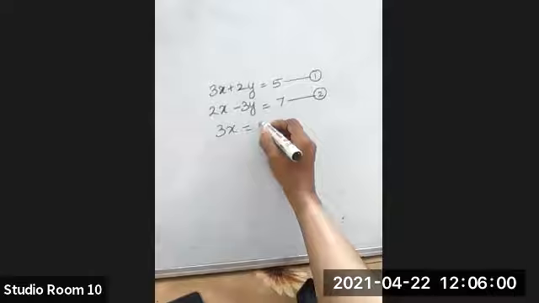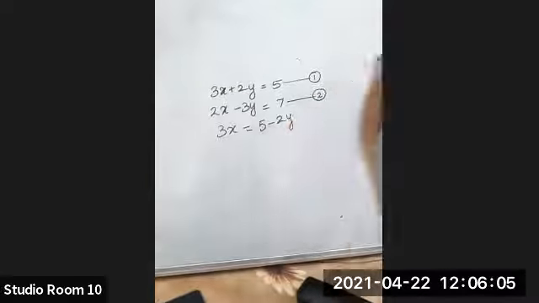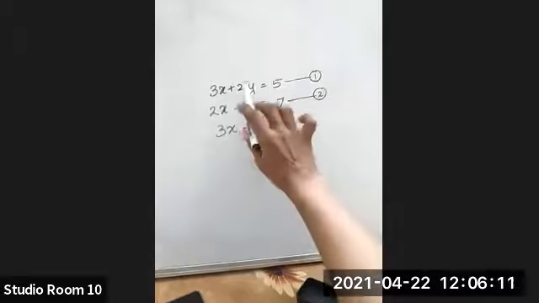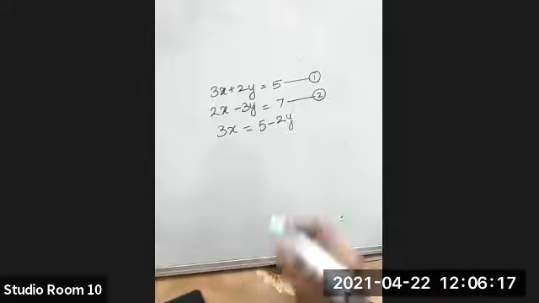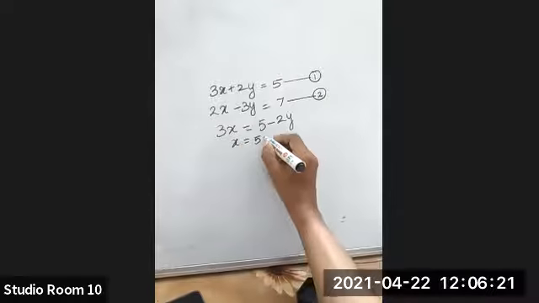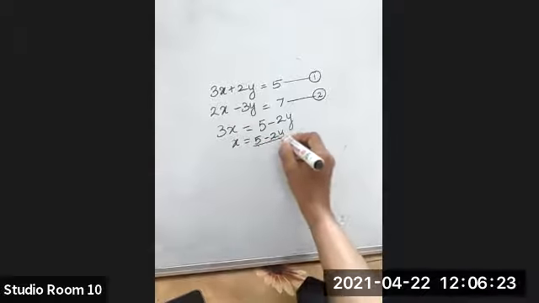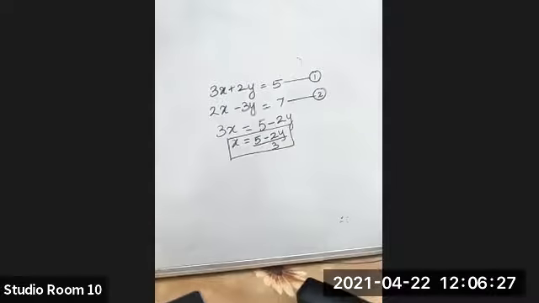If you take plus 2y, you will get minus 2y. So 3x is 5 minus 2y. Therefore, what is x? x is (5 minus 2y) by 3.